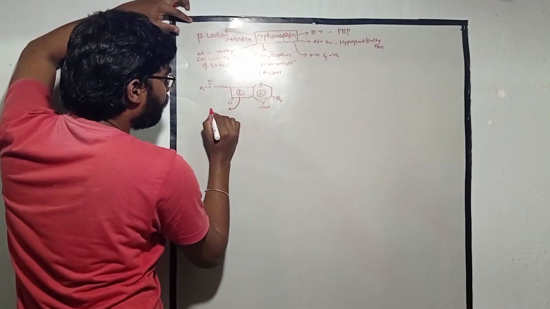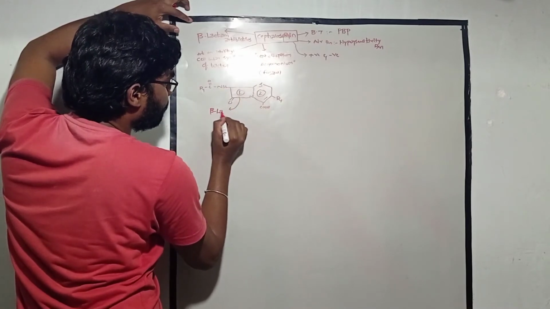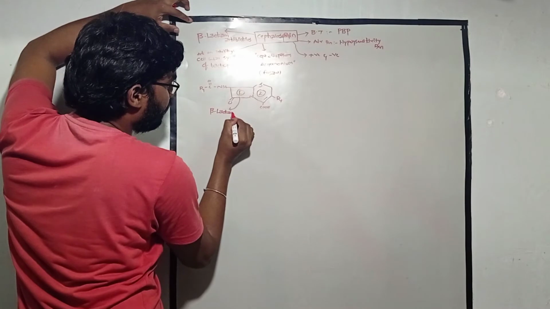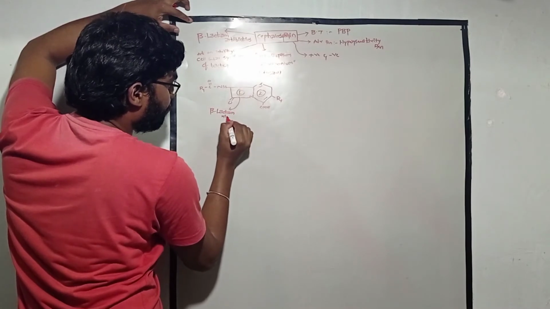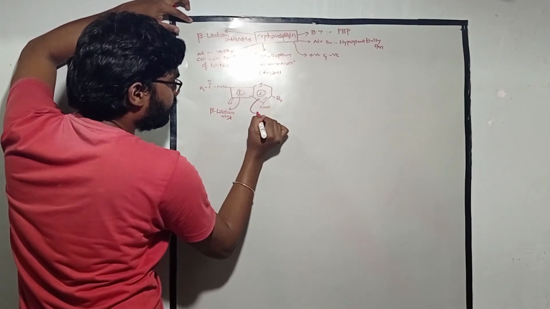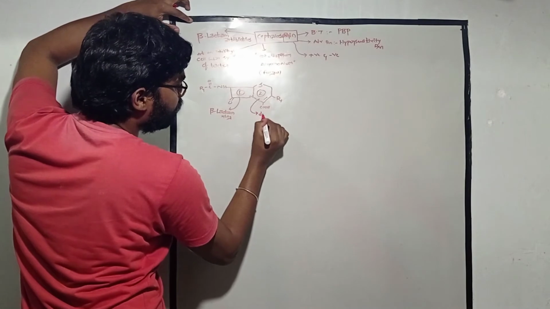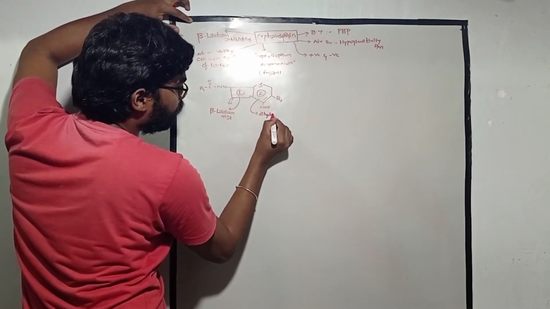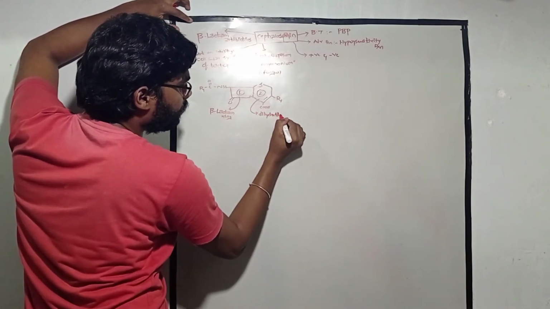Ring 1 is the beta lactam ring, and ring 2 is the dihydrothiazine ring.